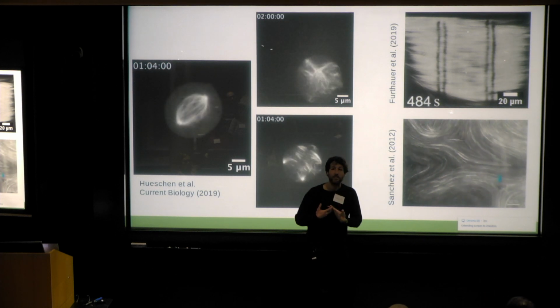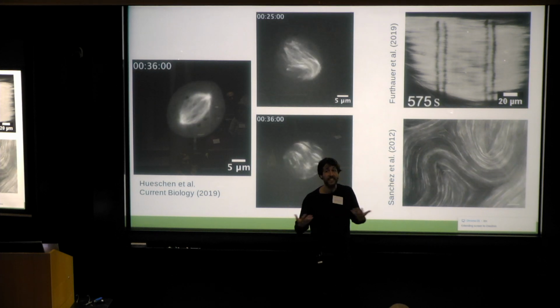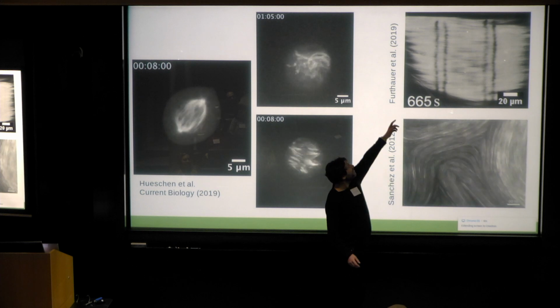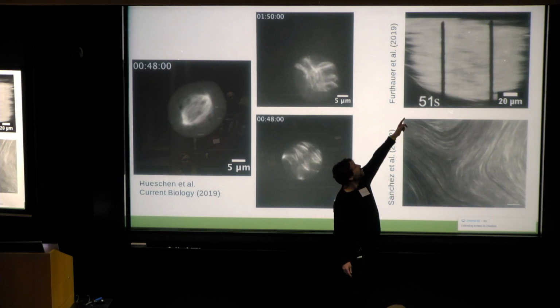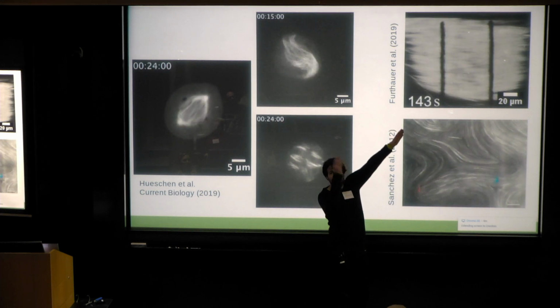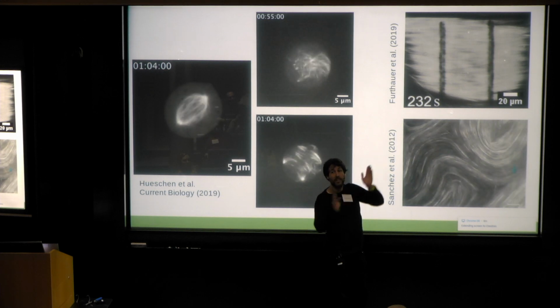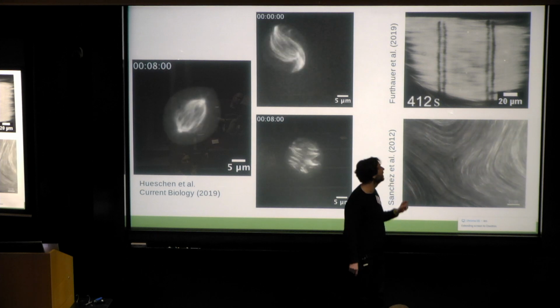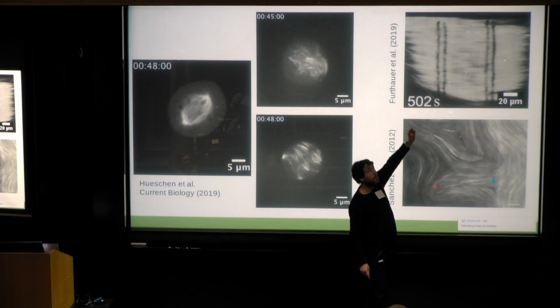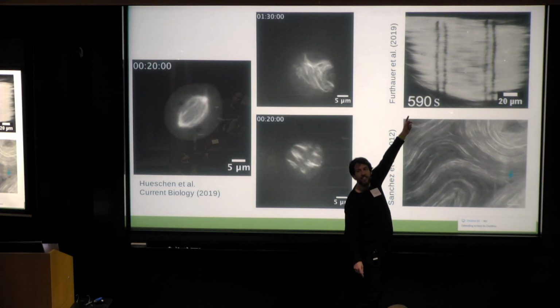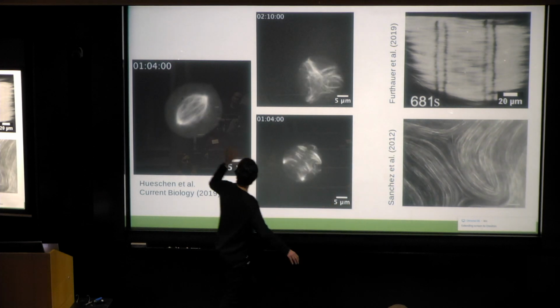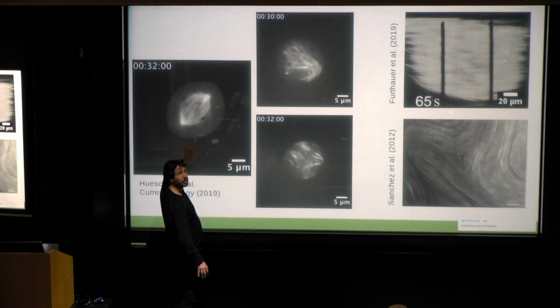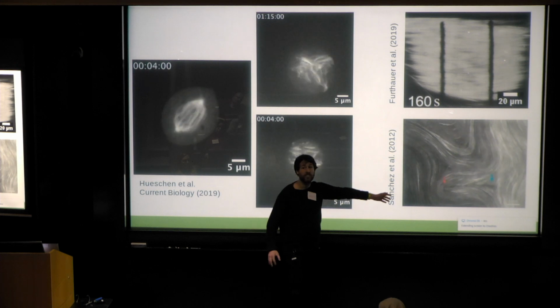So now one thing that we can see in the in vitro systems too is systems like this, where the black stripes are just bleach lines that you see moving very slowly, gently, as I would say, in a controlled, predictable way. There seems to be a way to go from a very controlled state, which I would say is more in the regime of real biological systems, to this turbulent state.